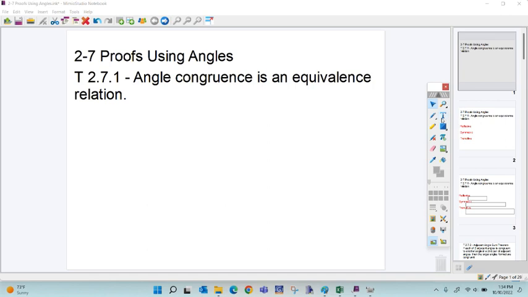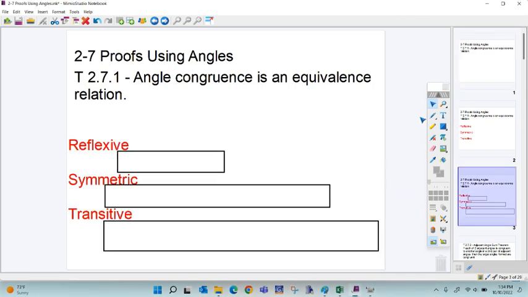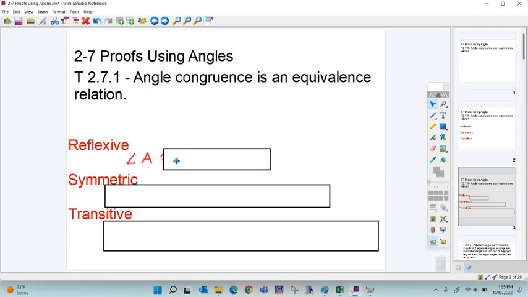So first thing we need to understand is that whenever you have angles, it is what we call an equivalence relation. And just to recap, an equivalence relation means that it is reflexive and symmetric and transitive. Reflexive just means that if you have an angle, it's congruent to itself.